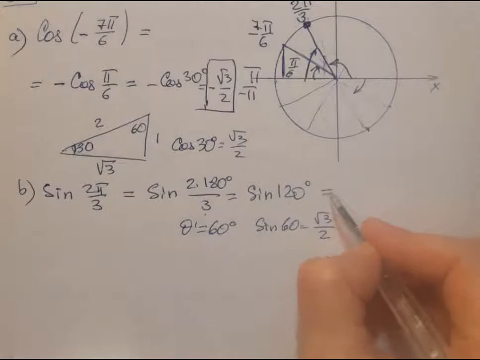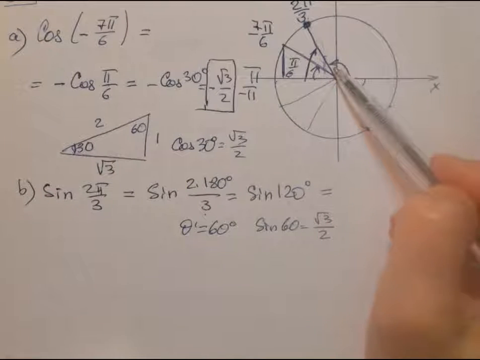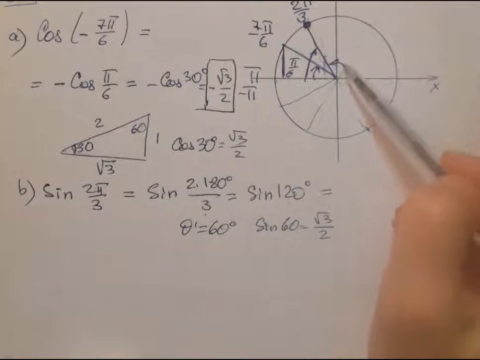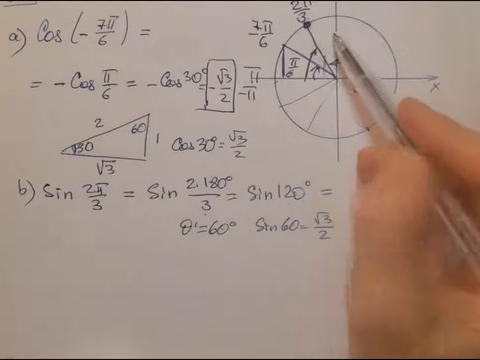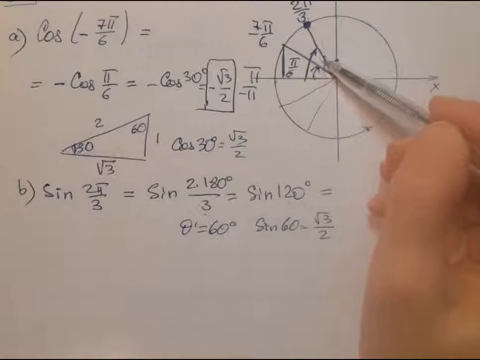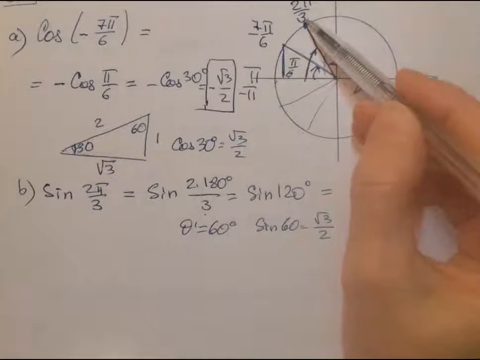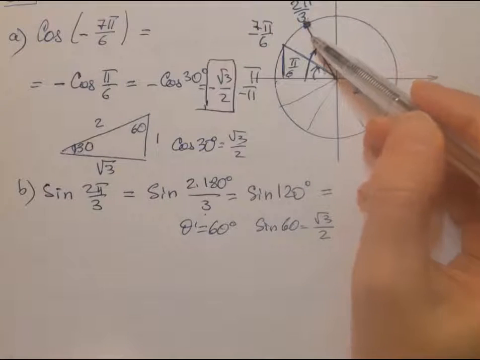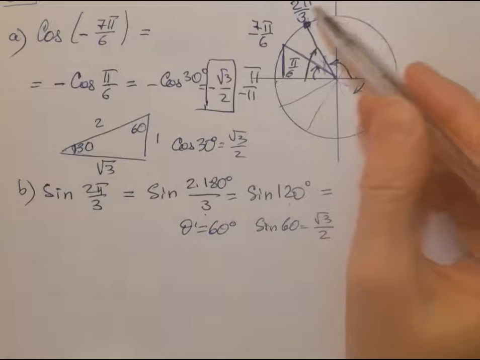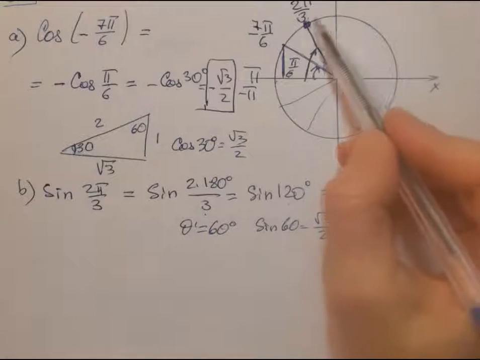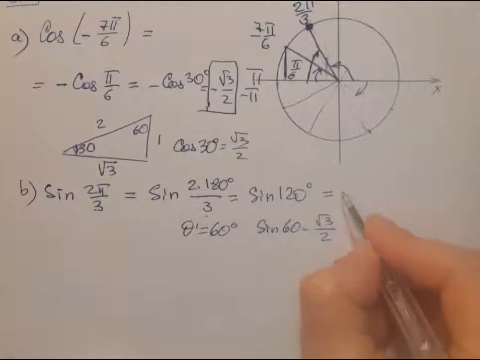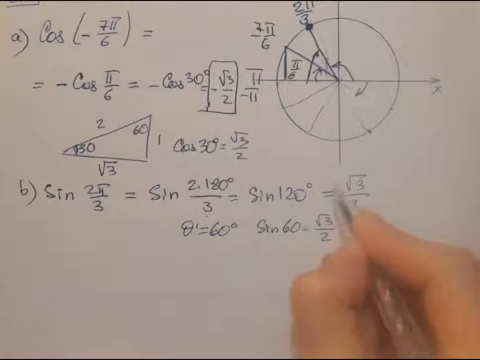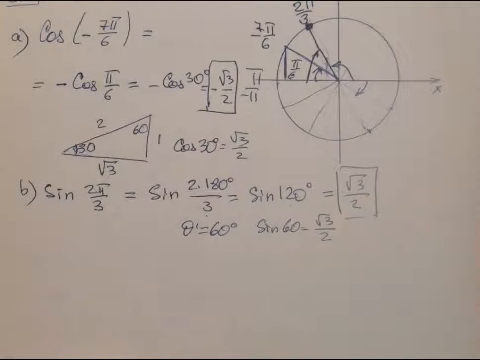Now the sine of 120 will be equal to sine of 60, the sine of the reference angle, with maybe a difference in the sign. The sign is the y component, y over r. Y in the upper half of the unit circle is positive, so sine of 2 pi over 3 must be positive. It will be equal to square root of 3 over 2, positive.